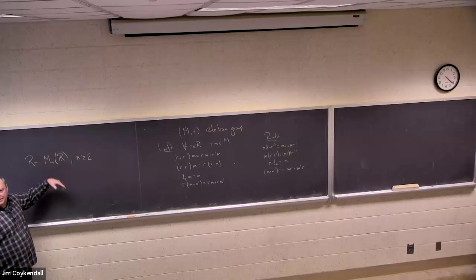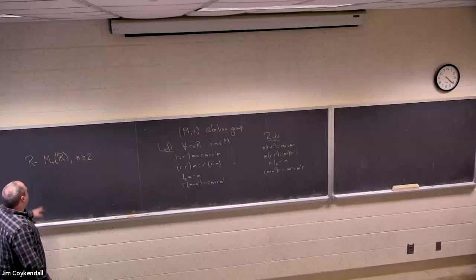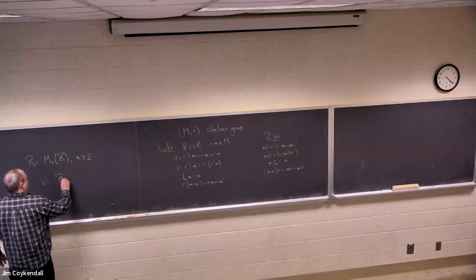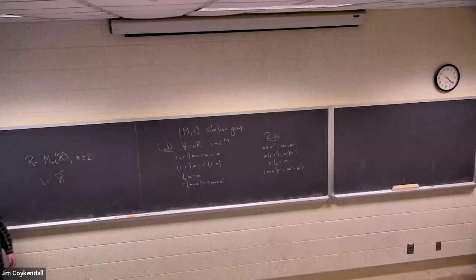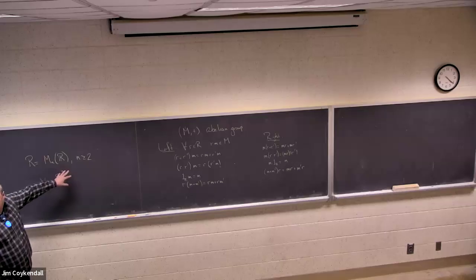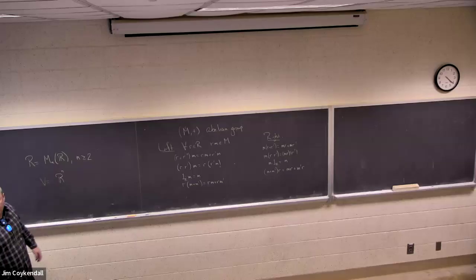Then a good R module here is R^n, right? And this is a left module because the matrices multiply the vectors on the left. You have an n by n matrix and an n by one vector, right? So this is a left module, but the multiplication doesn't make sense on the other side. You would have to do the transpose. Okay.